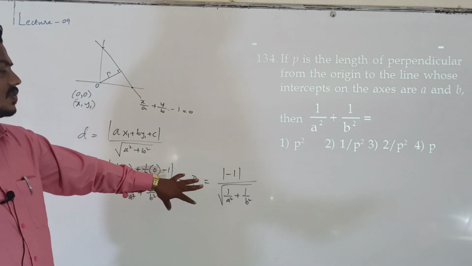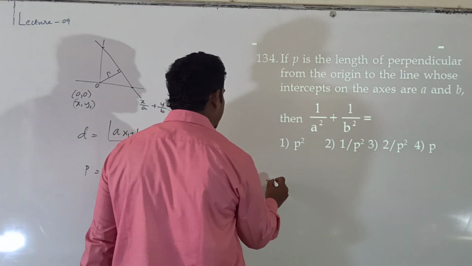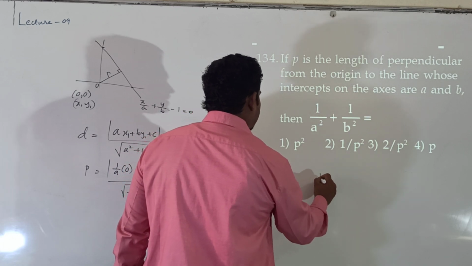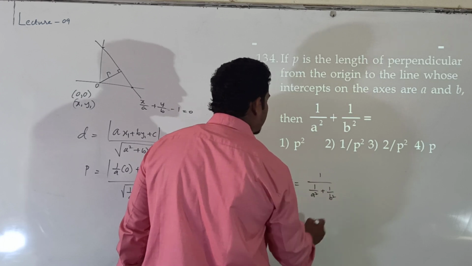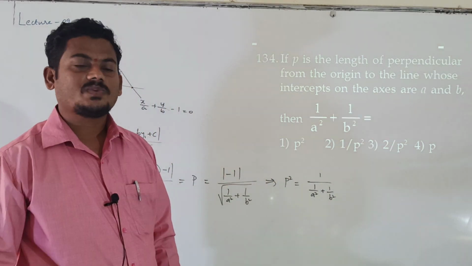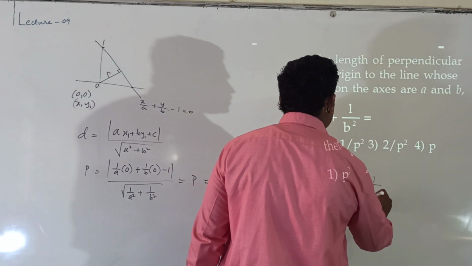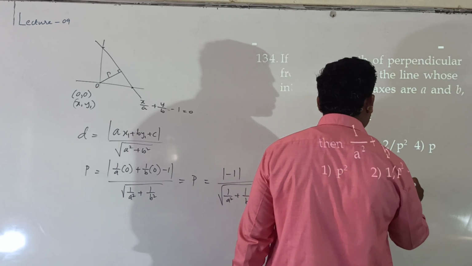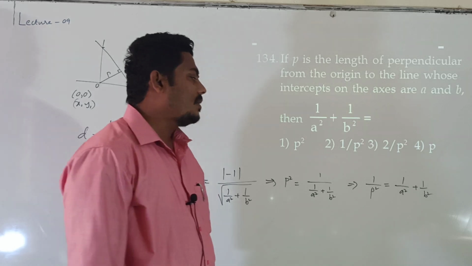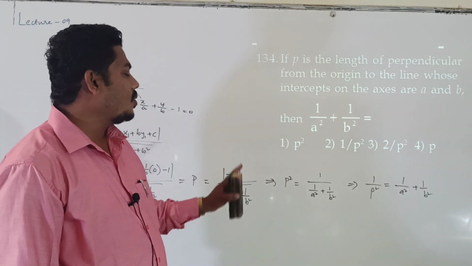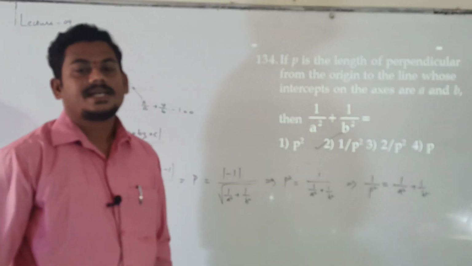After that, just squaring on both the sides, because options are in the form of p square, so squaring on both the sides, p square is equal to 1 divided by 1 by a square plus 1 divided by b square, but we need 1 by a square plus 1 by b square, so just taking reciprocal, on taking reciprocal it will be 1 by p square is equal to 1 by a square plus 1 by b square, just taking reciprocal, means 1 by a square plus 1 by b square is 1 by p square, that is second option is the correct answer.